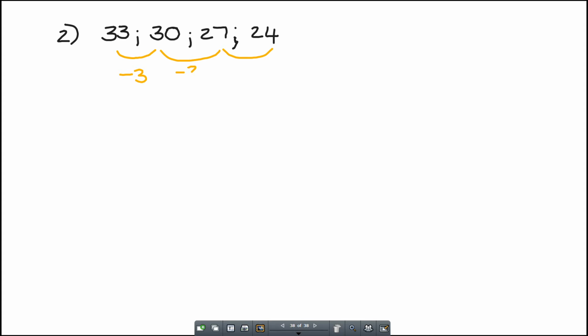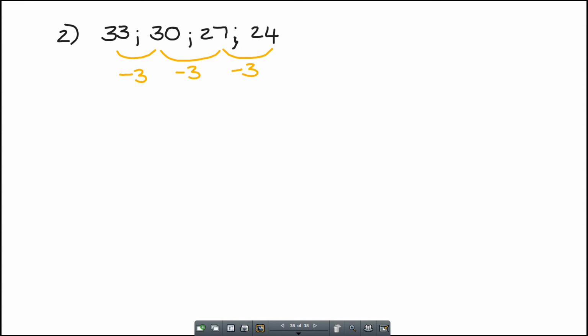Okay, number 2. Over here we had 33, 30, 27, and 24. Okay, so what I want you to see is that what we're doing throughout is we are subtracting 3.